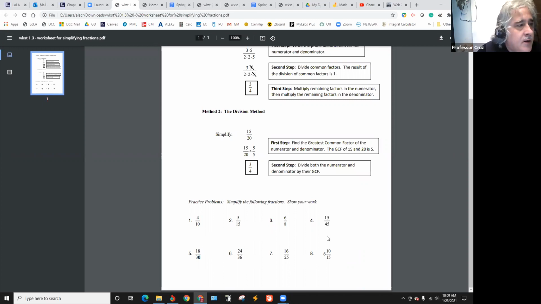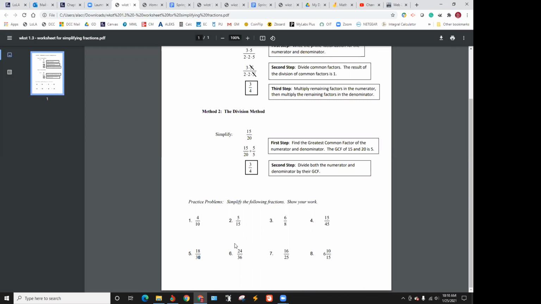All right. Why don't y'all look at those and tell me what's going to happen with number 1. What's that going to simplify down to? Notice that both 4 and 10 are even, so they'll divide by 2. 2 over 5. Yeah, and then you get to 2 over 5.